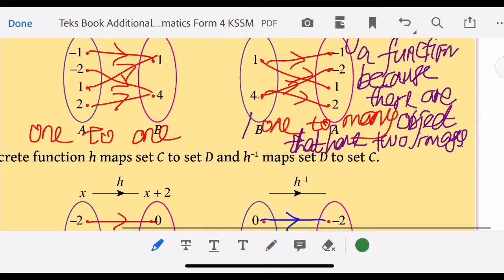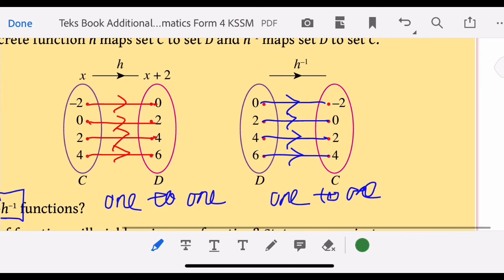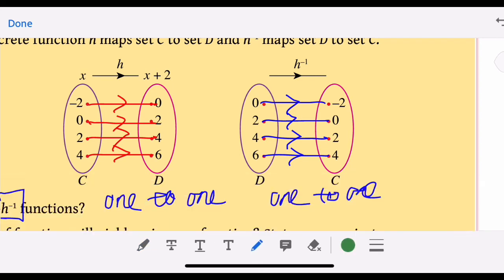How about the inverse of h? The inverse of h is a function. So let's write down: the inverse of h is a function. Why?